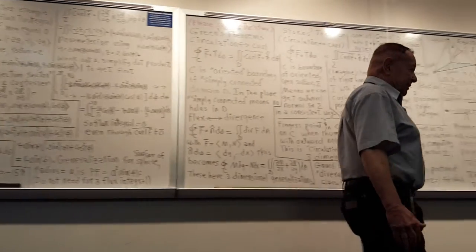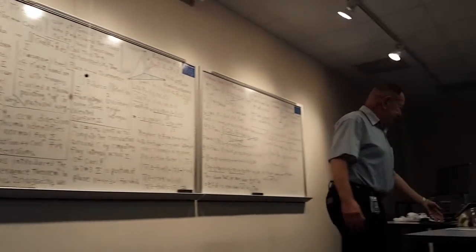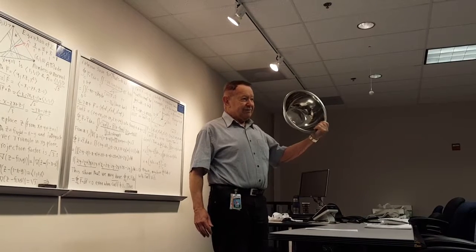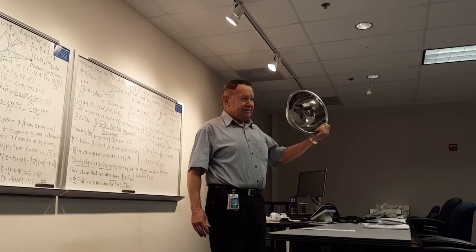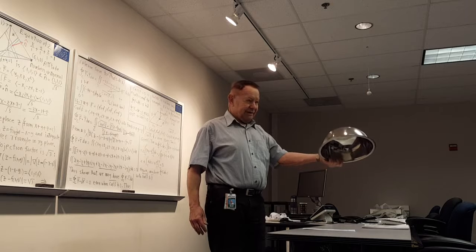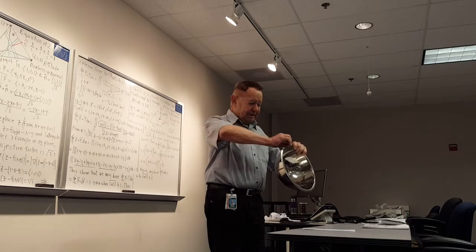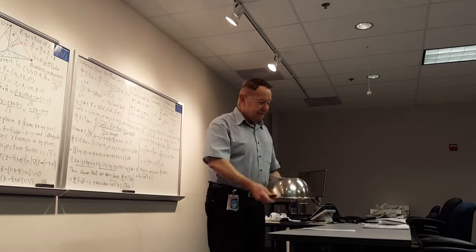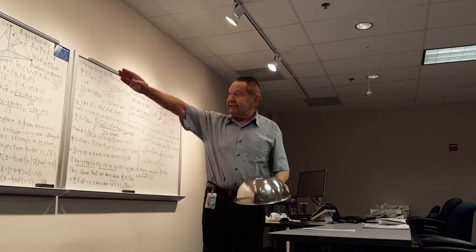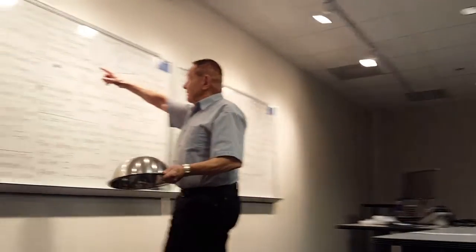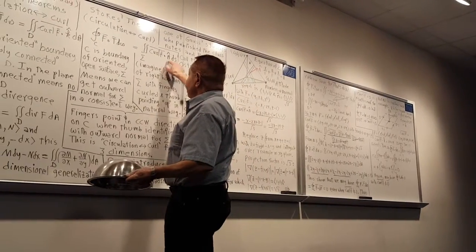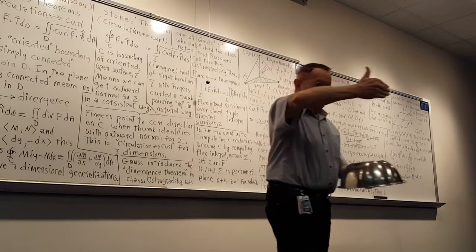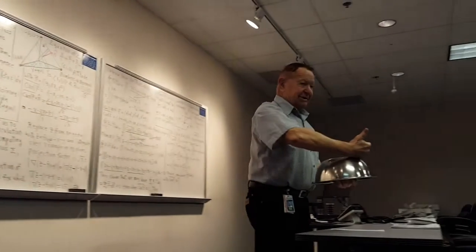So this is one of my high-priced models. Say this is a Stokes theorem surface. You see, it's an open surface in the sense that if you do this, the pan spills the water. So it has a boundary. That's the rim of the pan. And the orientation, the relationship between the outward pointing normal and the circulation, goes with your right hand with thumb and fingers.